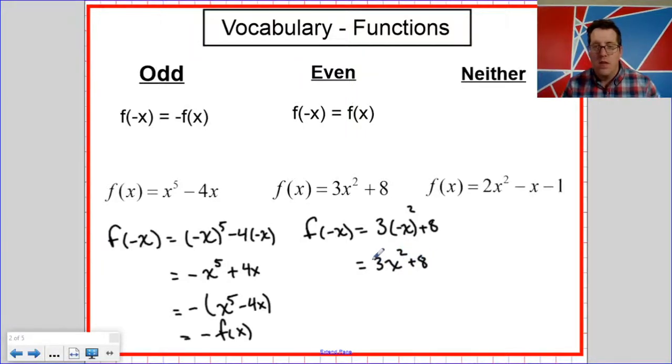So the negative is now gone. If you're asked to test algebraically whether a function is even or odd, that's all you have to do. Plug in the opposite of x and see if you get the opposite of the original formula or the exact same thing as the original formula.